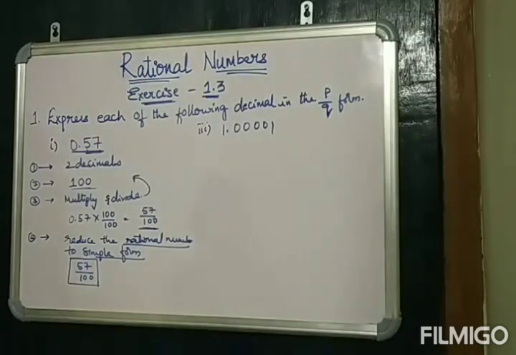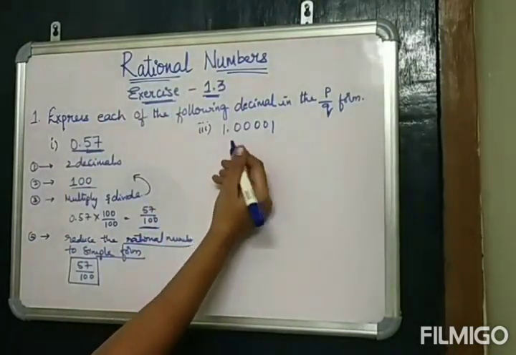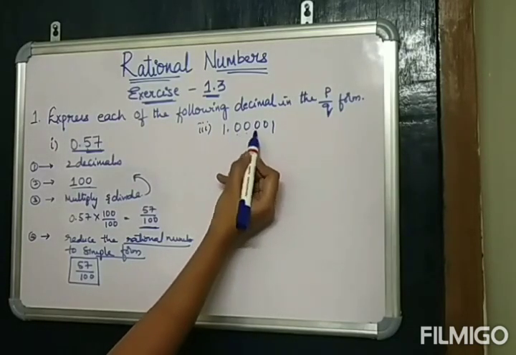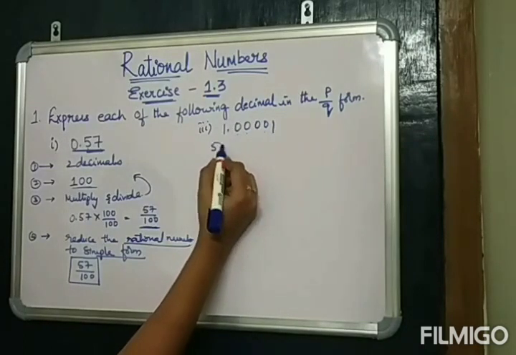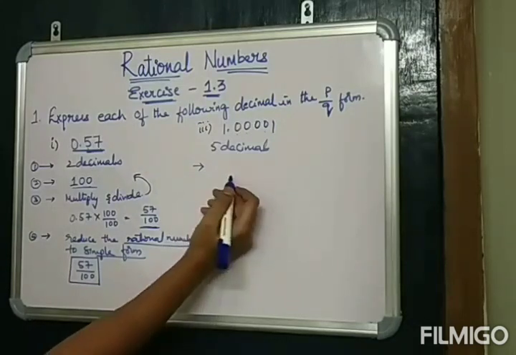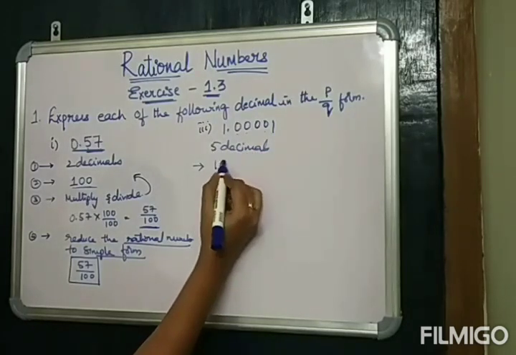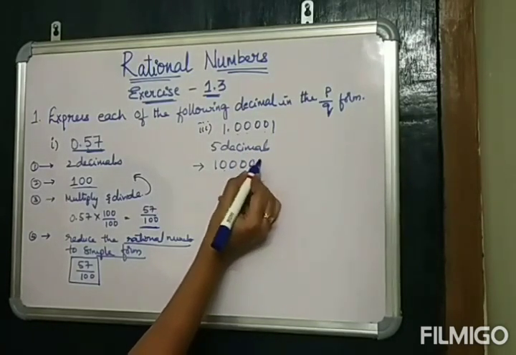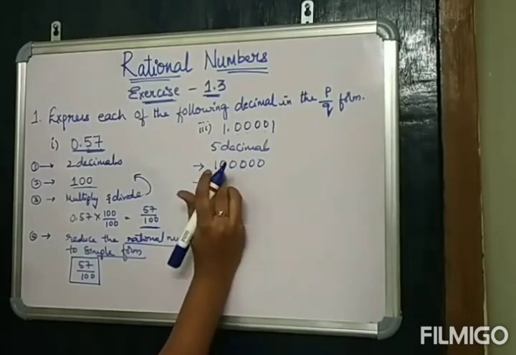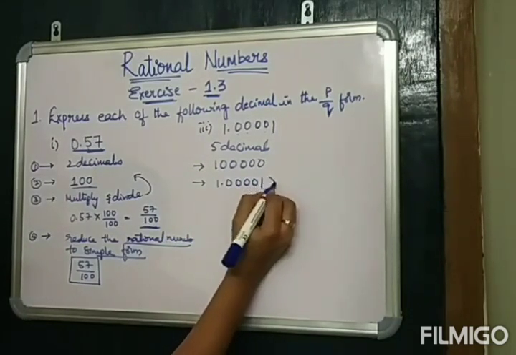The next example, the third example, is 1.00001. First, we have to find out how many decimal places there are: 1, 2, 3, 4, 5. First step, 5 decimal places. Next, we put 1 annexed by the number of zeros, means 1 and 5 zeros. Next, multiply and divide by this number.